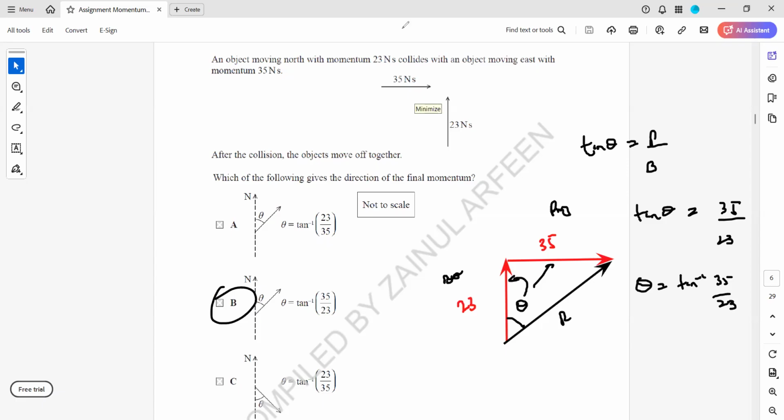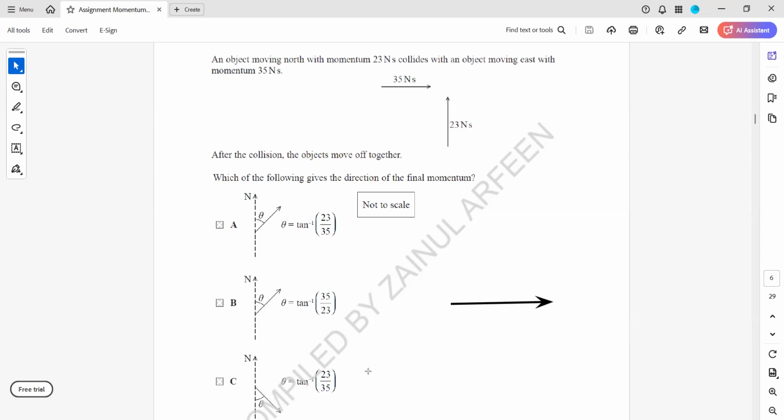If you draw 35 first and then you draw 23, from the tail of the first to the head of the last, you need the resultant. So this angle is not theta here. What angle do we need?